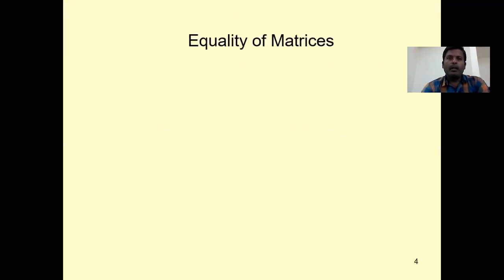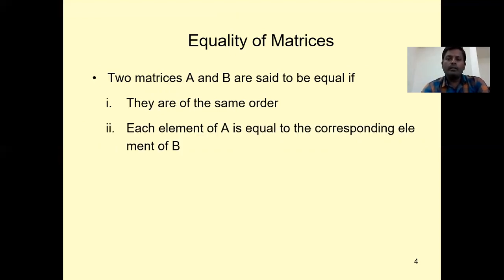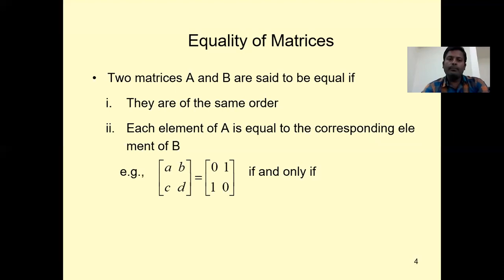We go to the equality of matrices. Two matrices A and B are said to be equal if they are of the same order and each element of A is equal to the corresponding element of B. This is the example: the 2 by 2 matrix with entries A, B, C, D is equal to the matrix 0, 1, 1, 0.